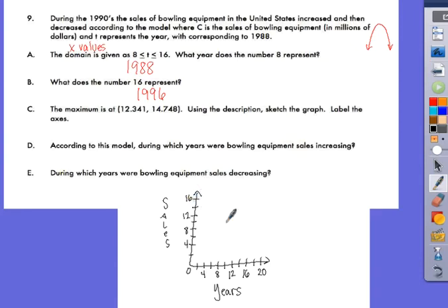All right, so the maximum is at 12.3. Well, if I just go a little past the 12, I'm good. Come over here to a little past the 12, and then up to about 14.7. So I'm just going to do this to make sure I stay on target here. And I've got to go up to 14.78, which is a little bit past 14, isn't it?